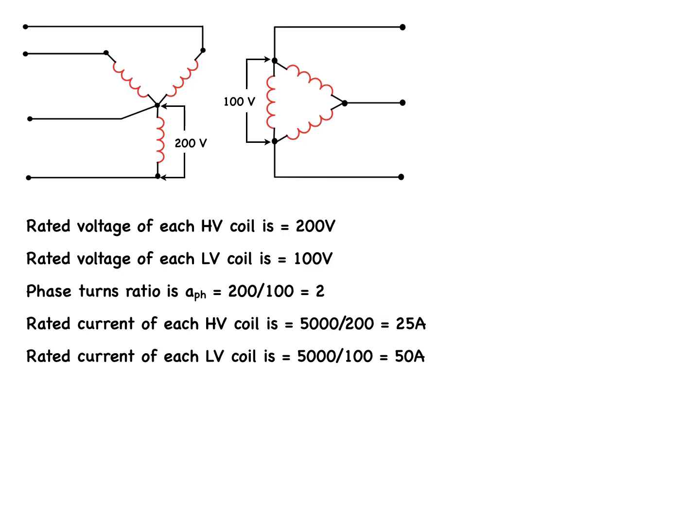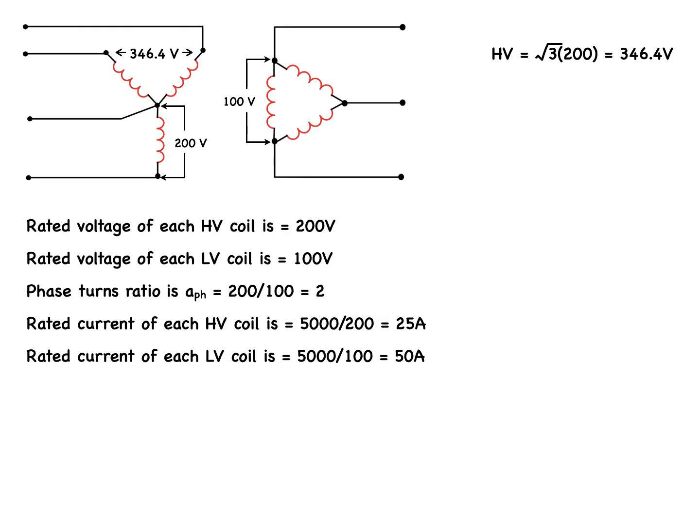In this case, the high voltage windings are connected in star and the low voltage sides are connected in delta, as shown in this slide. Thus, the line-to-line voltage to be applied to the high voltage side must not exceed 200 times the square root of 3, which equals 346.4 volts.